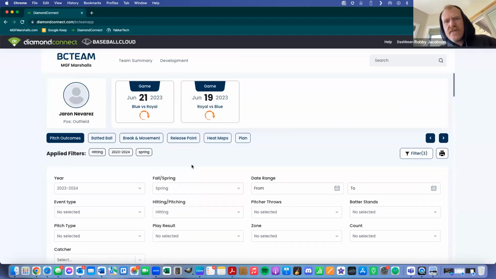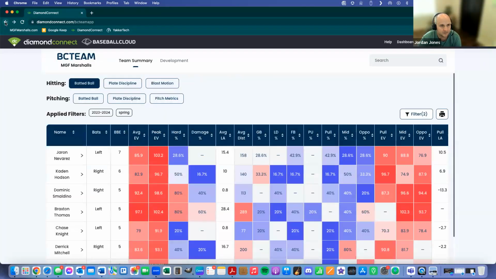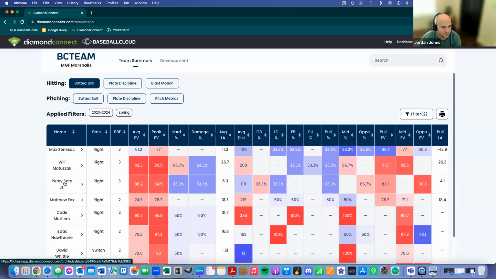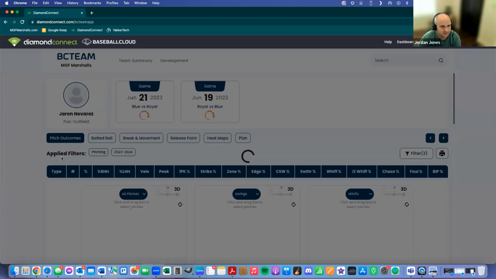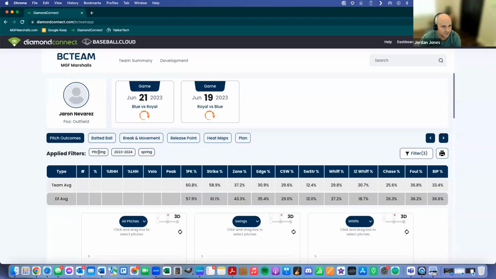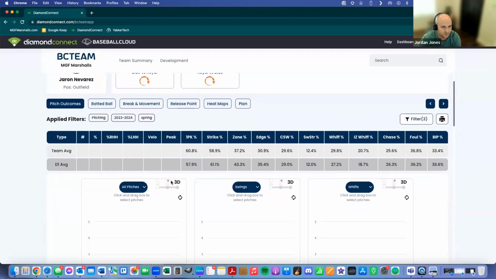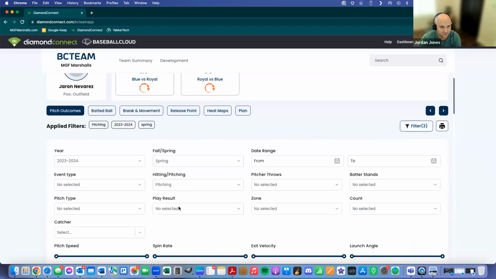Okay. So team summary. Can you start from how we get there? Yes. So we were in team summary, and then it shows all the players. I clicked on Jaron Navarez, and for some reason the filter is showing as a pitching filter instead of a hitting filter. I don't know why it defaulted to that.